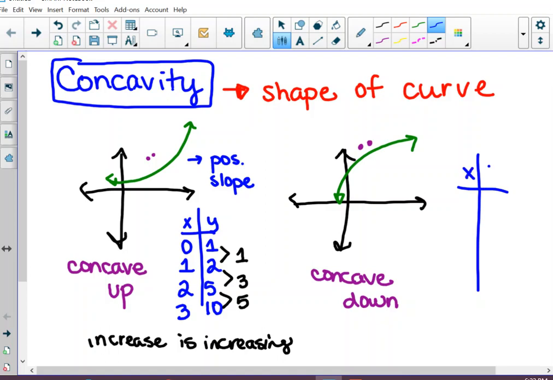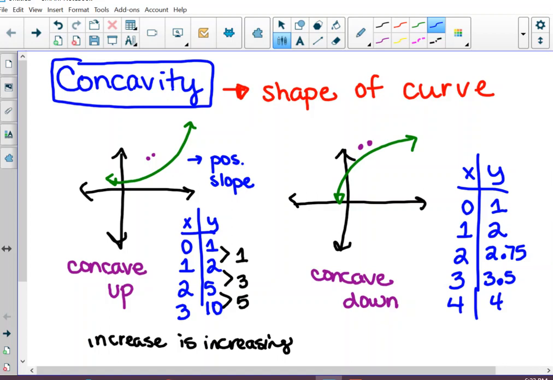In a concave down curve, increasing still, if we had something similar like 0, 1, then we might have 1, 2, but then we might have 2, 2.75, and then we might have something like 3, 3.5, and 4, 4.